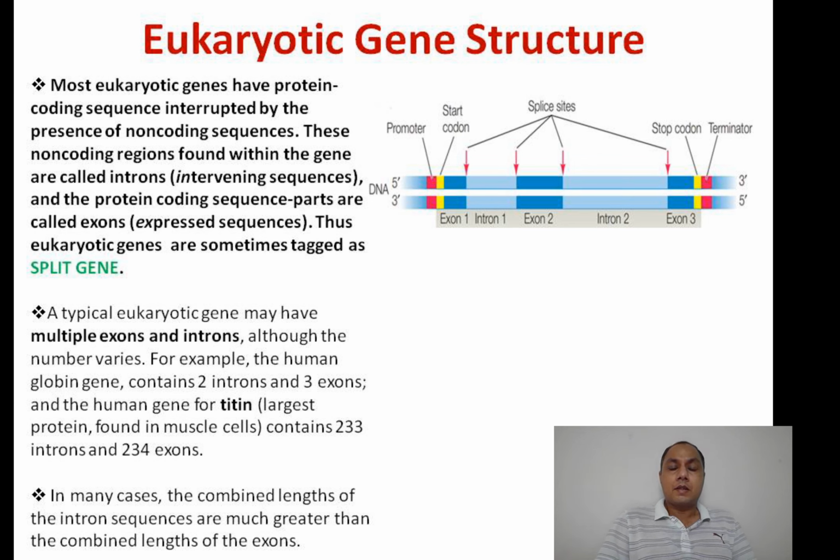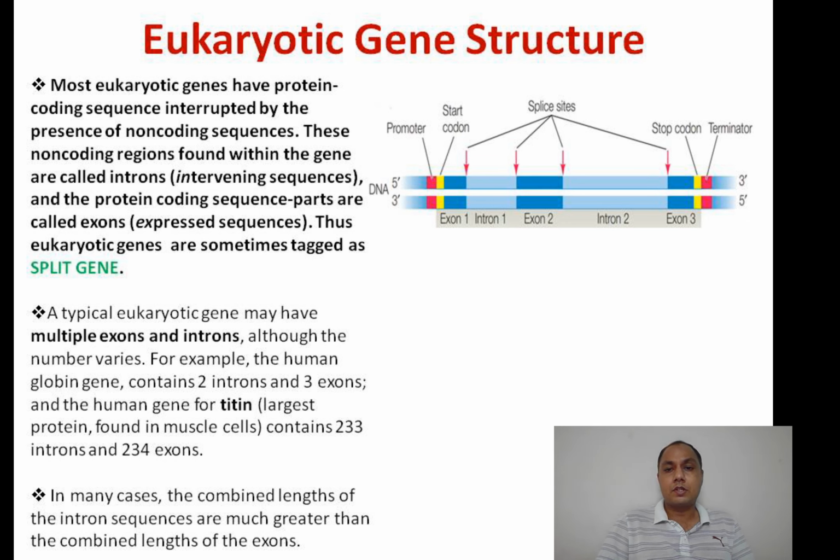Many proteins are very large in size. For example, consider titin. Titin is a protein found in human muscles, and it is the largest protein reported to date in human beings. Its gene has approximately 233 introns, plus one, that means 234 exons.